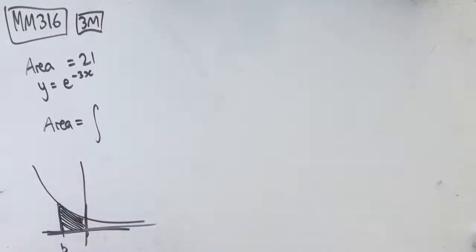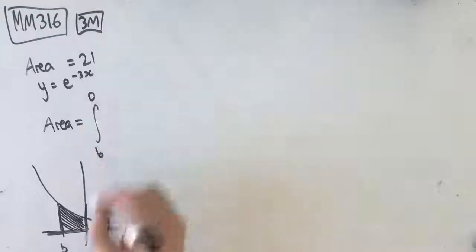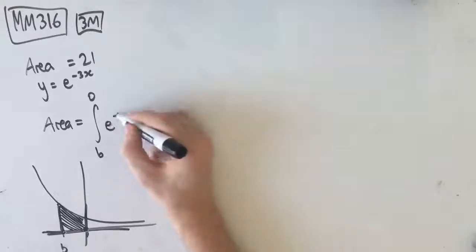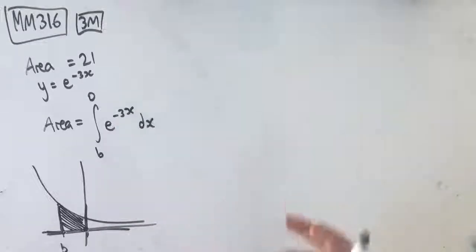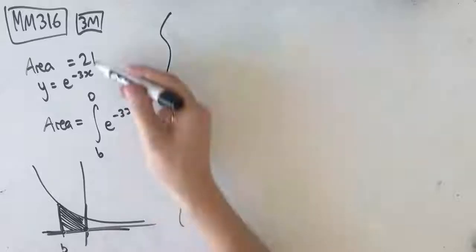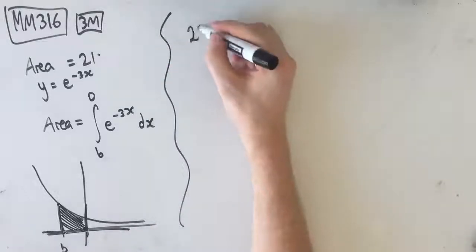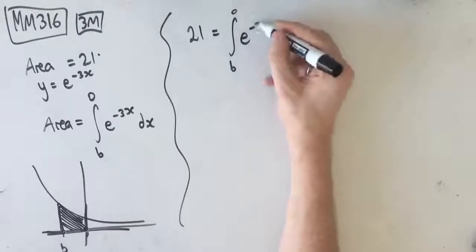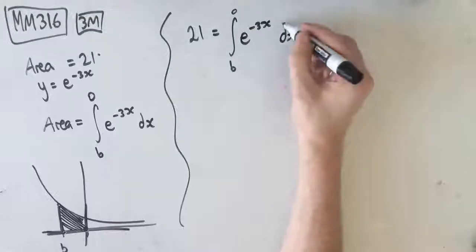So what we're looking for is the area from b to 0, of e to the negative 3x dx. And we know that area is equal to 21. The question tells us that, which means that 21 is equal to the integral from b to 0 of e to the negative 3x dx.